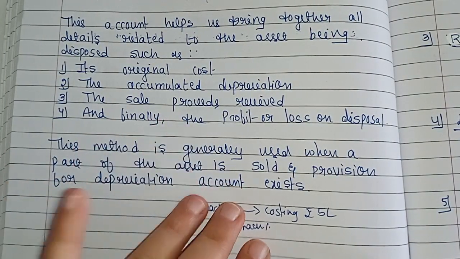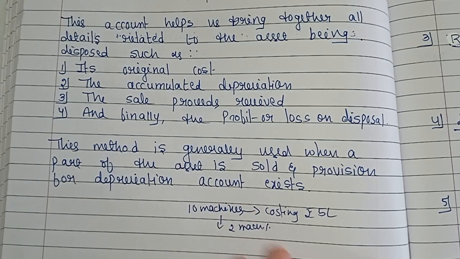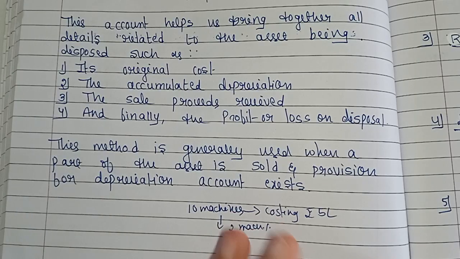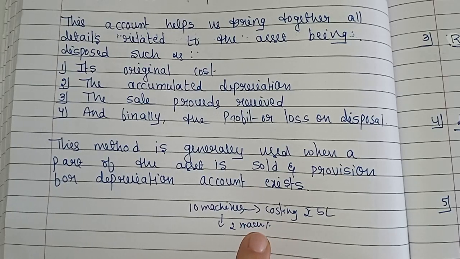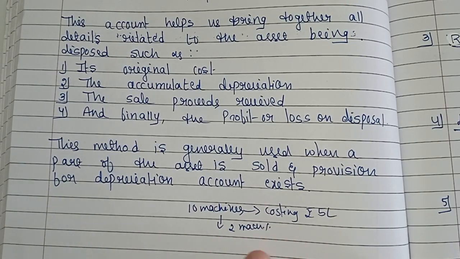We transfer the cost of only the part sold, meaning only these 2 machines, into the disposal account, in order to find out the profit or loss.